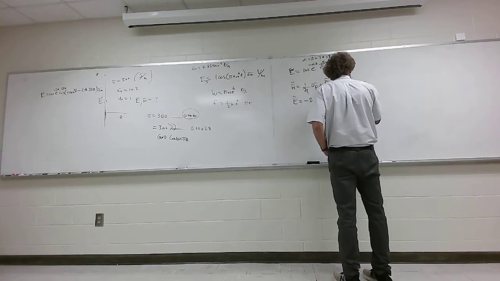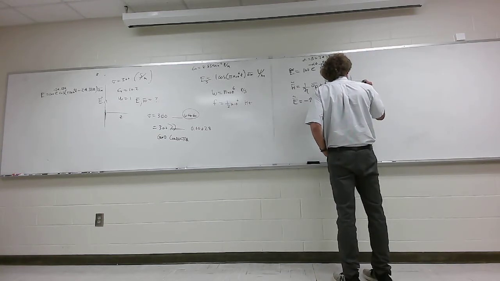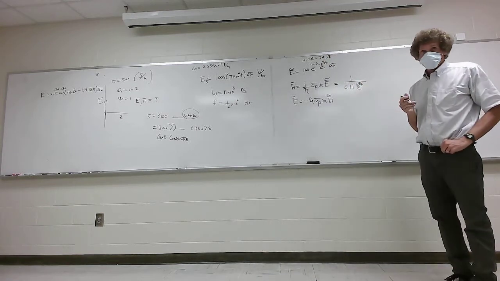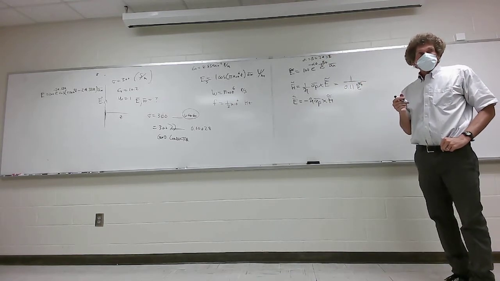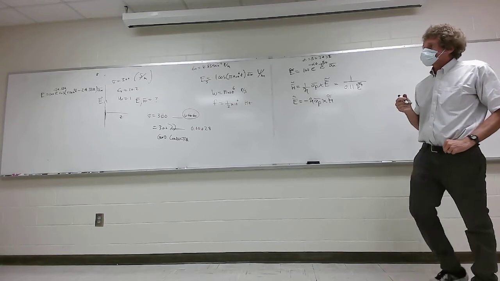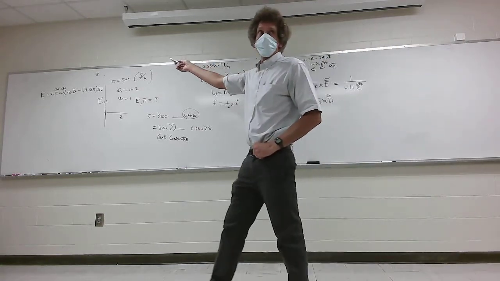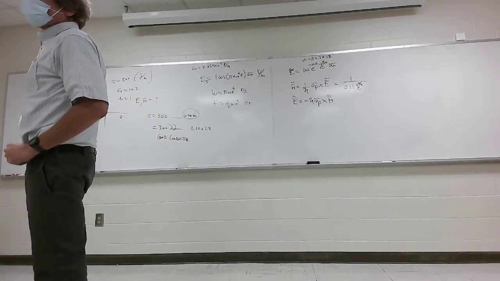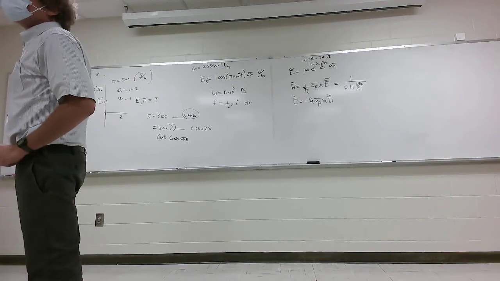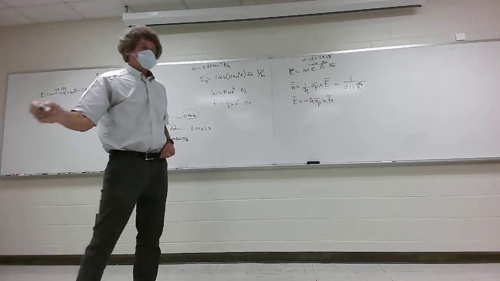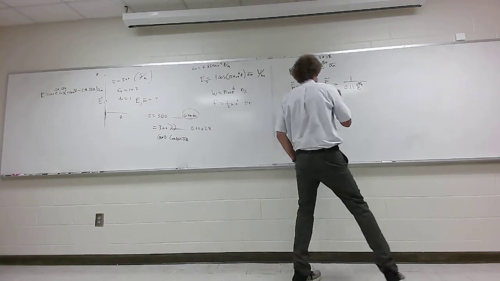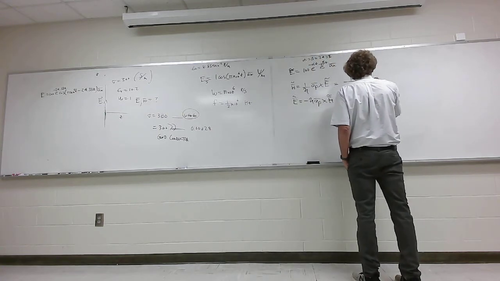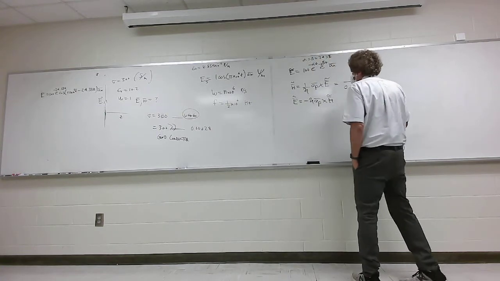So go ahead and put e to the j pi over 4 here. I'm leaving it in radians, okay? Y'all with me? Then it's a unit vector in the direction of propagation. Which way is this wave propagating, people? Take a look. Positive z, right? So then you put in az, then you cross it into the E field.